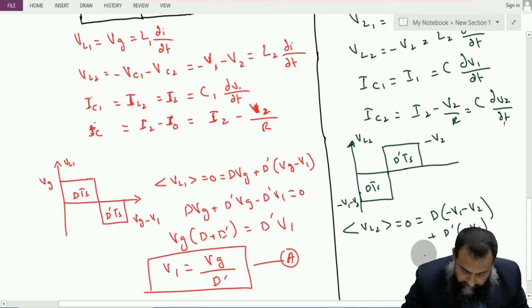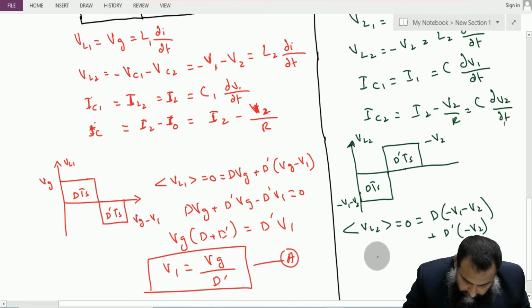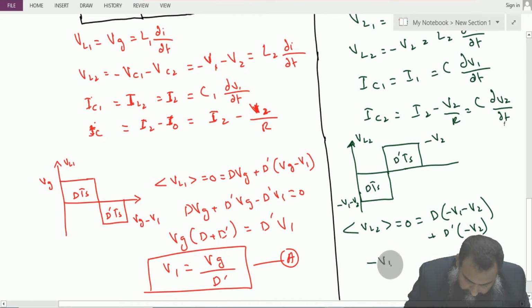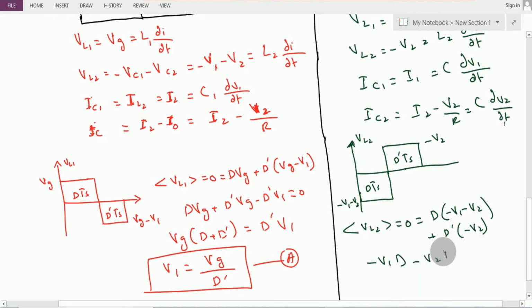On this particular side we have minus V1 D minus V2 D minus V2 D dash, that is equal to 0.